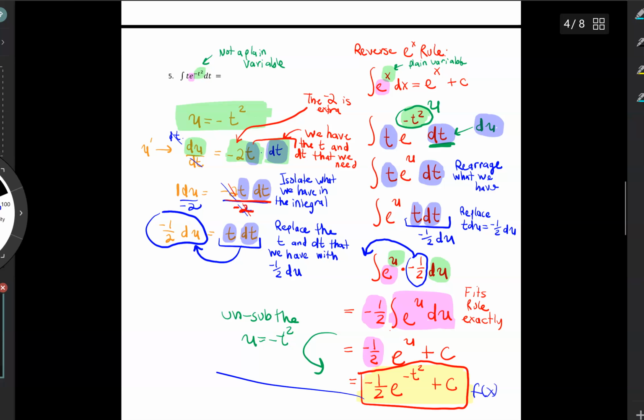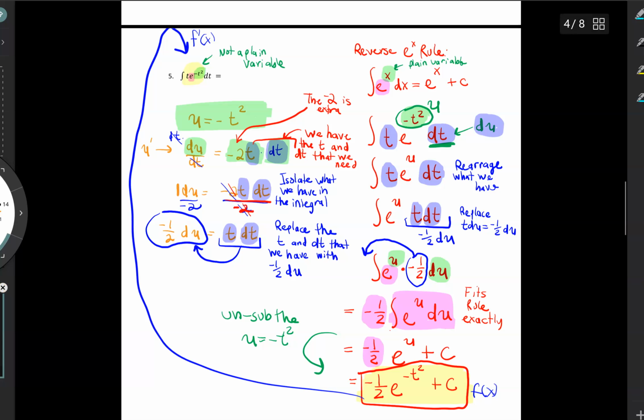So if you really wanted to, you could take the derivative of it and make sure that when you take the derivative, it matches the original integrand that we got.